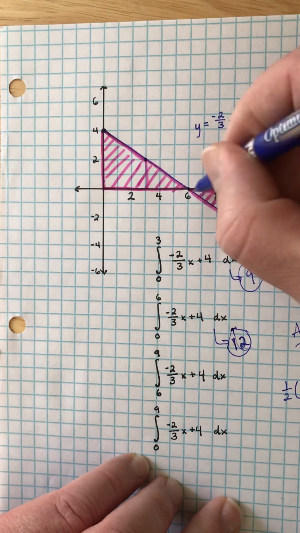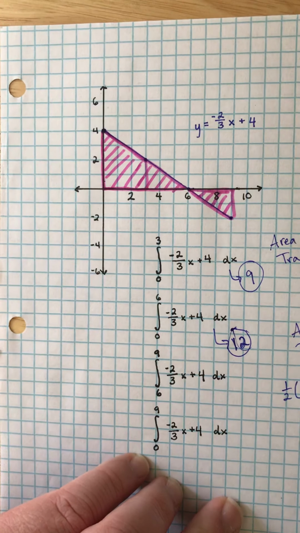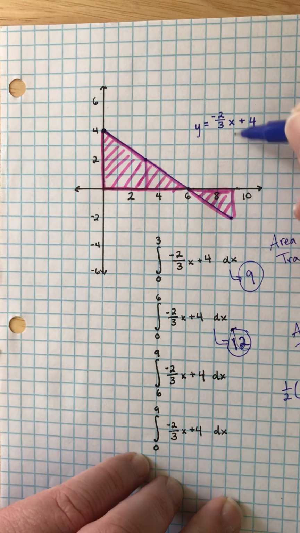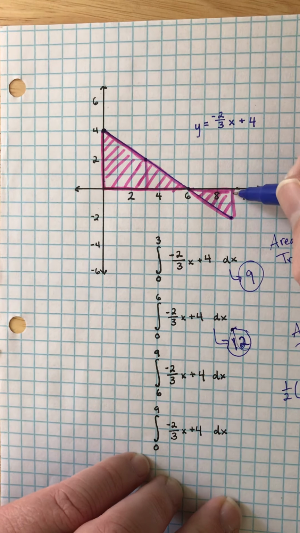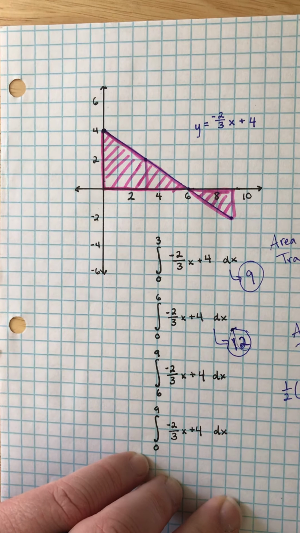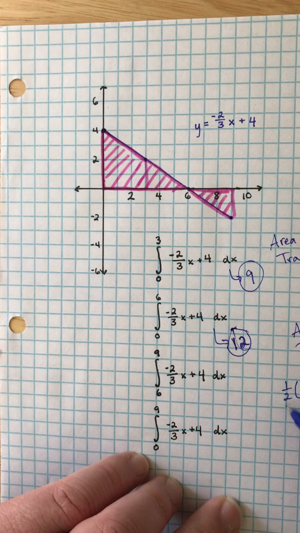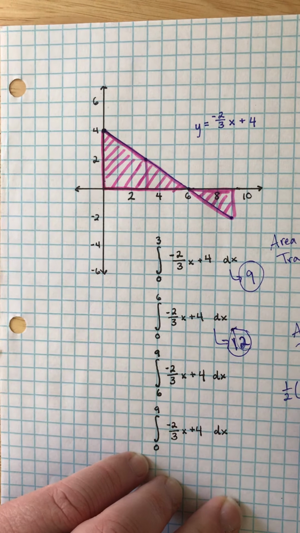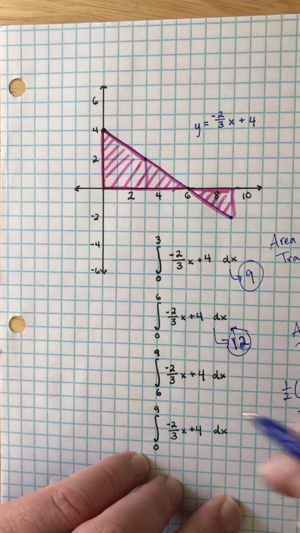Again, I'm going to use these x's as a base: 1, 2, 3. Now the height. Here's the thing in this case. My height is no longer going up. It's no longer positive. My height is going down, so really and truly, my height's negative. So I'm going to use a -2 because there are 2 boxes down here. So 1/2 of 3 times -2. Well, 1/2 of -2 is -1, so we're doing -1 times 3, which is -3.